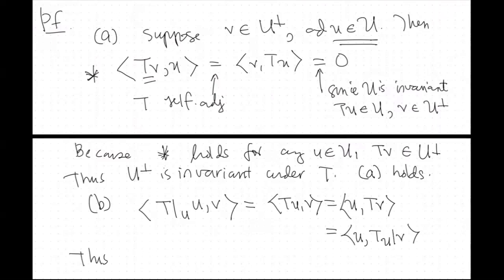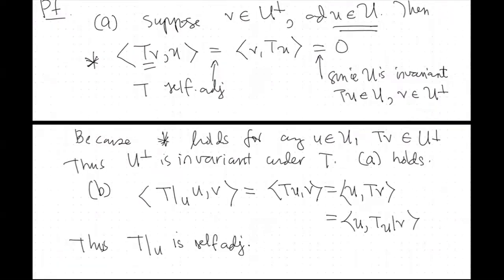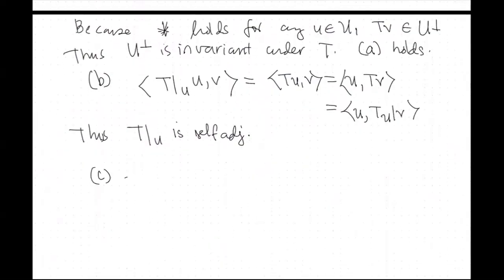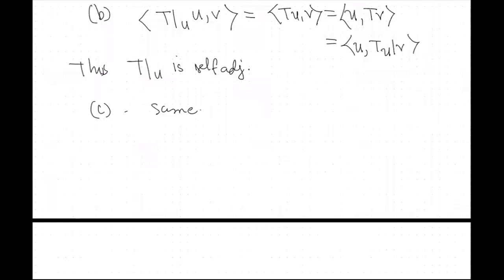Thus, your T restricted to U is also self-adjoint. Your C is same by replacing U with U perp. Perfect. Now we are ready for our real spectral theorem.